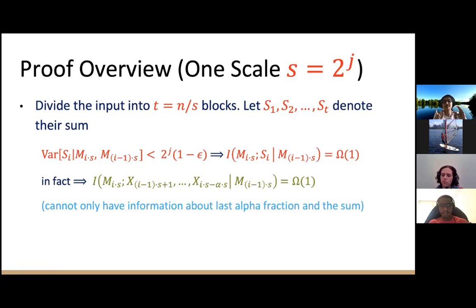It is not possible that you have information only about the last alpha fraction of the inputs in this block and the sum. So the main gadget in our proof is this statement: if the variance of the sum conditioned on the memory states before and after the block is less than 1 minus epsilon times the maximum, then the memory state after the ith block needs to have omega 1 bits of information about the first 1 minus alpha fraction of the inputs in that block.